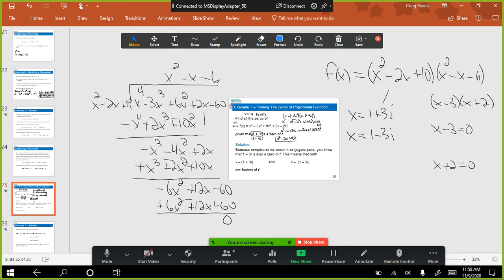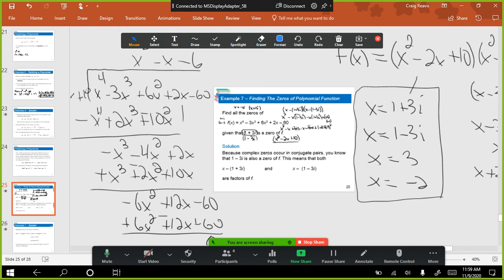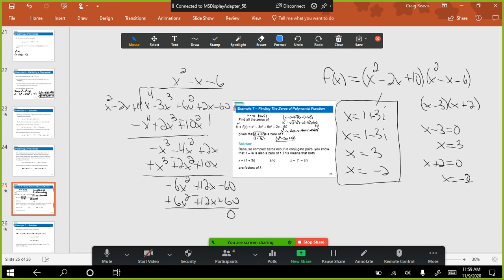And I get the zeros of 3 and negative 2. So there answers the question. The question was, find all the zeros of that.